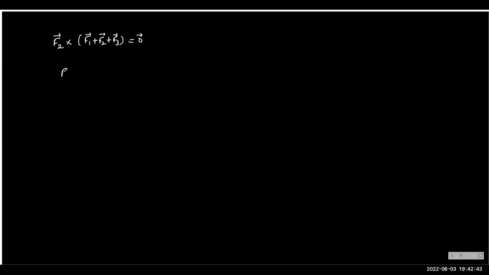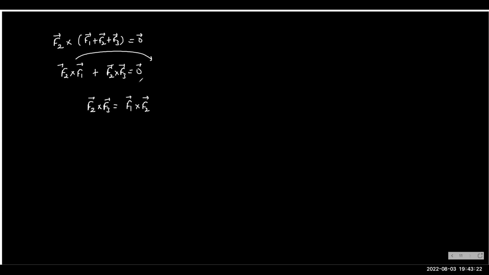So F2 cross F1, F2 cross F2 will be 0, so I will leave that part, and then the last will be F2 cross F3. Now I'll keep the sequence in cyclic order. So 2, 3 is fine, but 2, 1 is not fine. I'll shift this side and change the order. F2 cross F3, and F2 cross F1 will go on the other side, becoming minus F2 cross F1, which I can rewrite as F1 cross F2. Am I right, guys? Tell me.